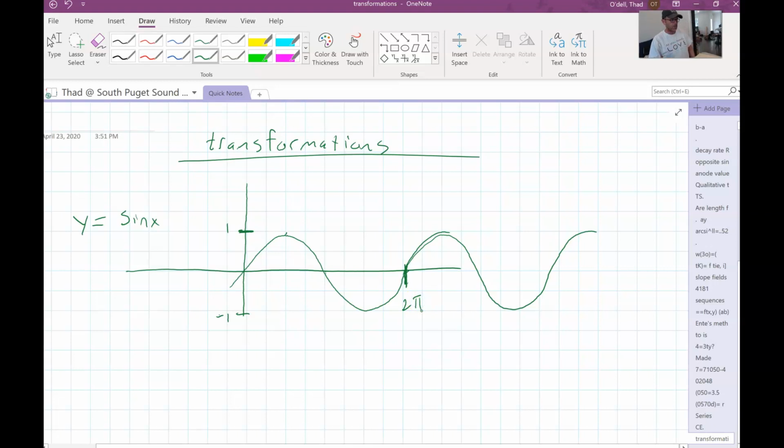Okay, so we need to talk about some terminology. So the distance from the middle to the top is called amplitude.